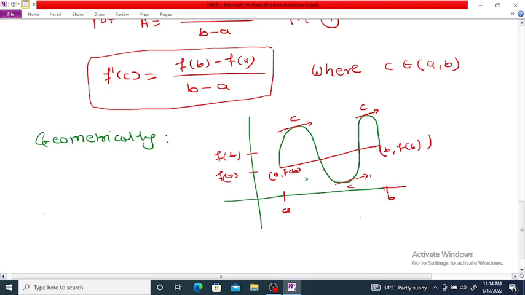Geometrically, it states that there exists at least one point c in ab such that the tangent is parallel.